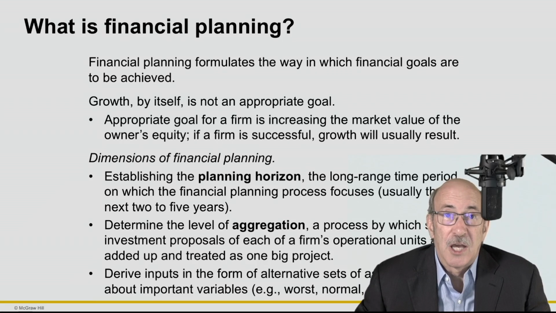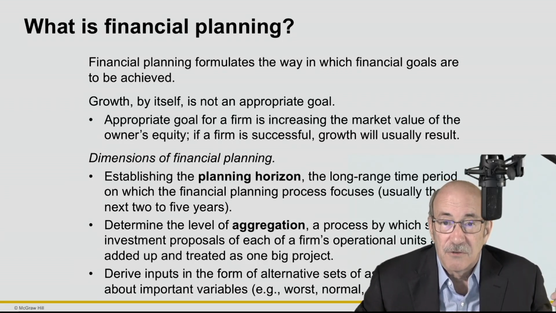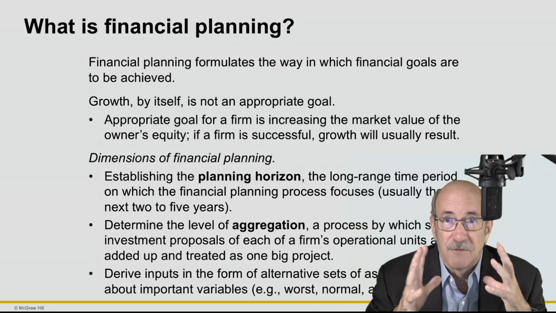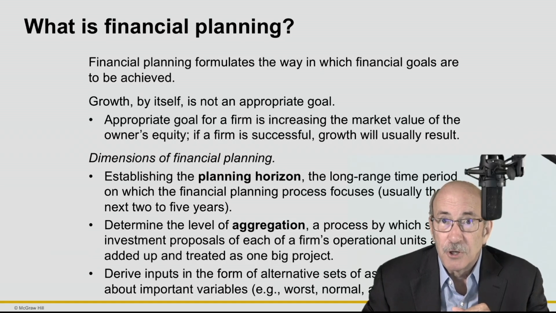So we're going to look at what the planning horizon is. Is it 1 year, 2 years, 5 years? We're also going to aggregate the investment proposals for each part of the firm into an overall investment proposal for the entire firm, and look at the various inputs to that.